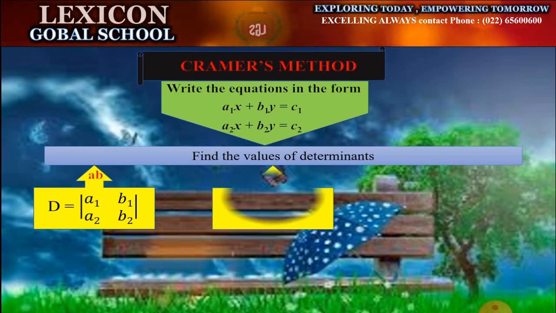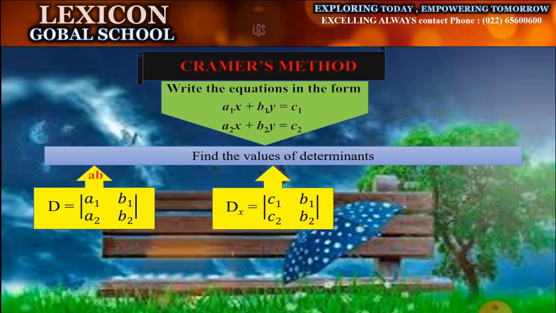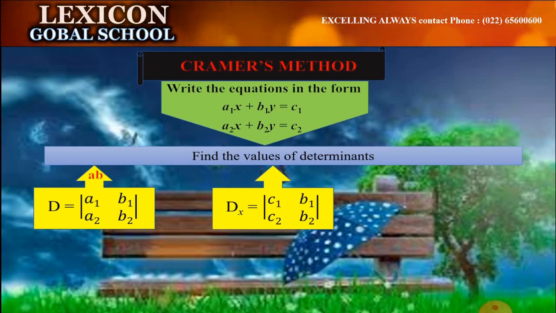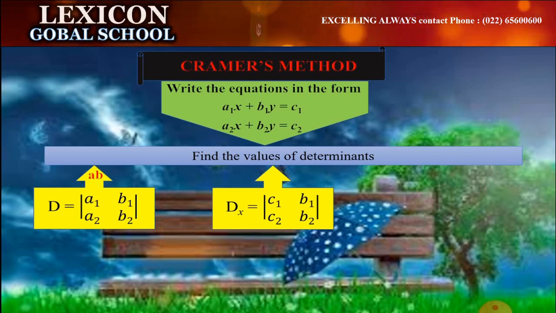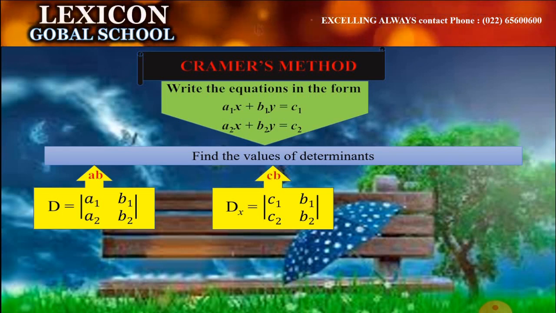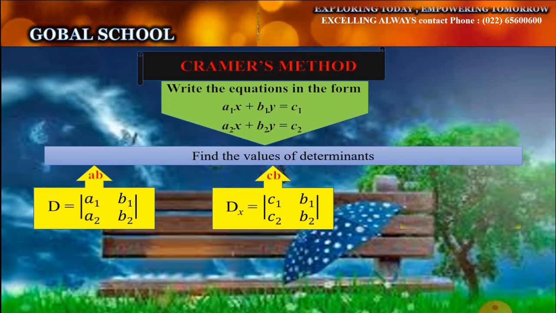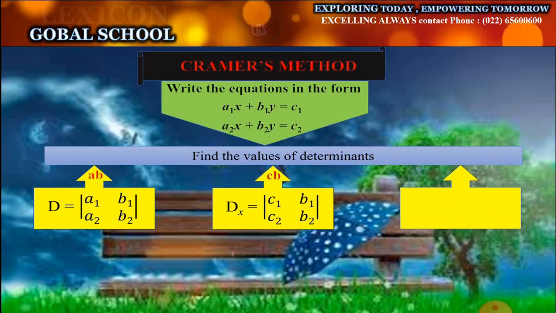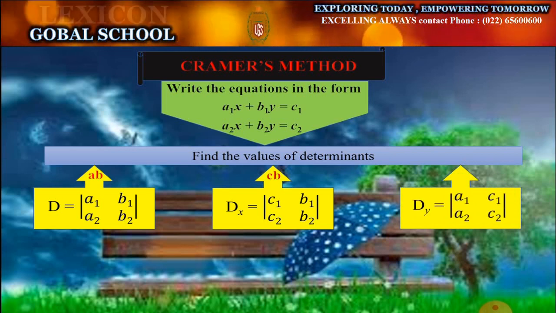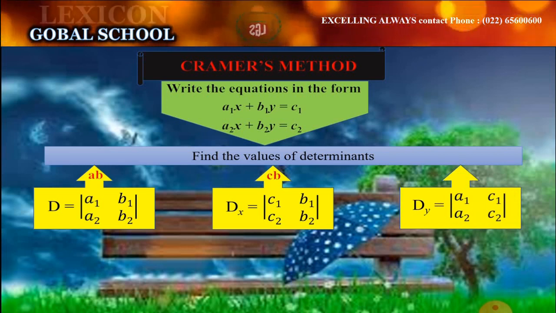Similarly, to find out the value of determinant Dx, we have c1, b1, c2, b2. To remember this, we have CB, that means cub. So to find the value of Dx, we have cub, c and b. Similarly, to find the value of Dy, we have a1, c1, a2, c2.